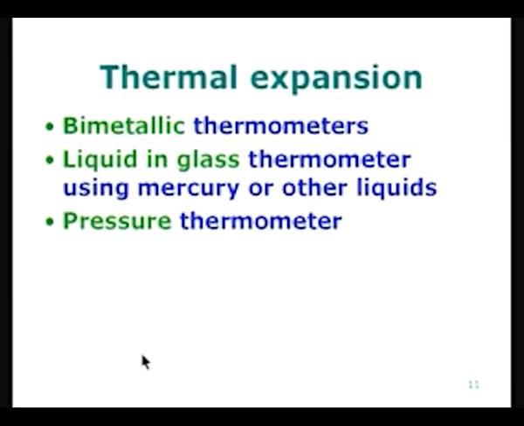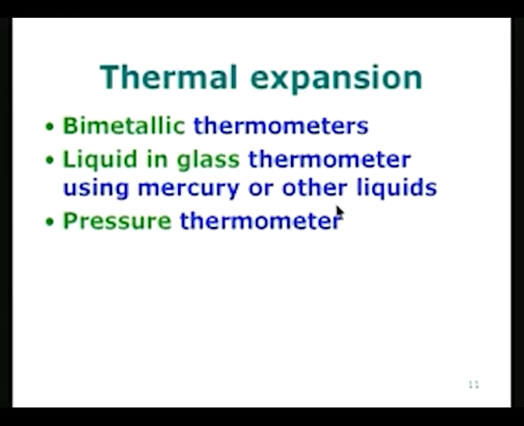The third one is which uses thermal expansion. We know that most materials will expand on heating, and the change in the volume can be used as the thermometric property, and in fact we have several of them. The liquid in glass are very common. For example, we use mercury or other organic liquids, taken in a small capillary with a bulb.